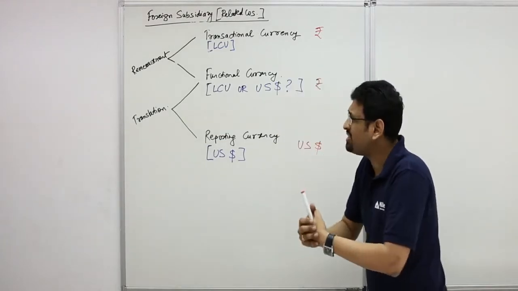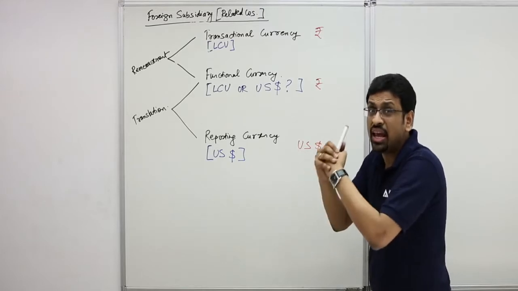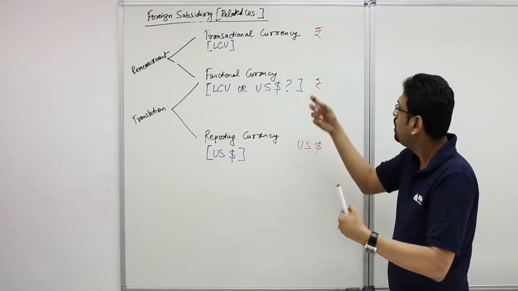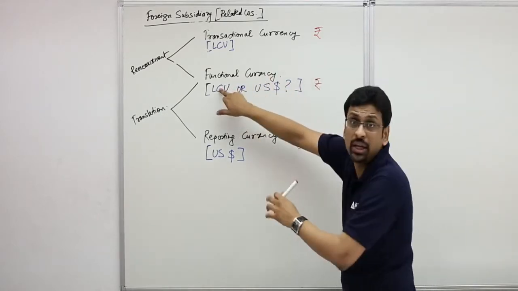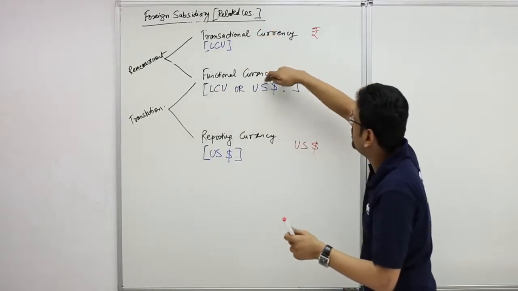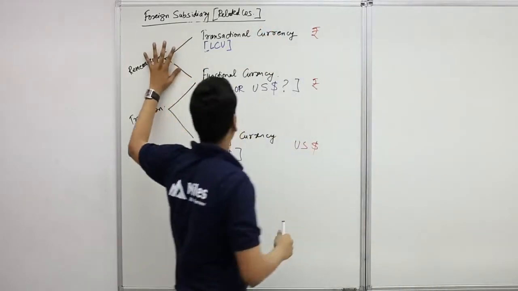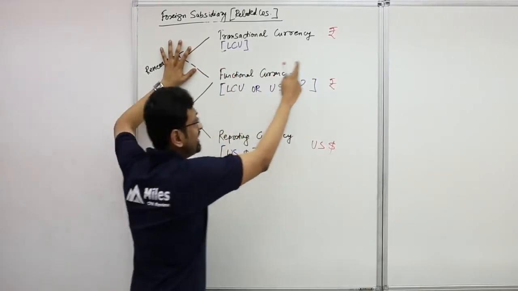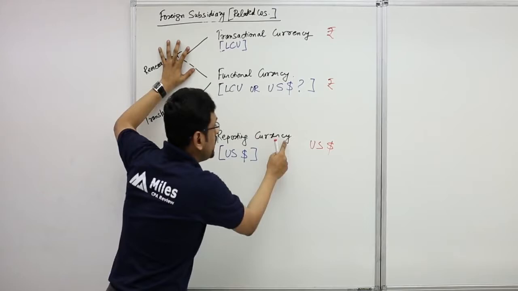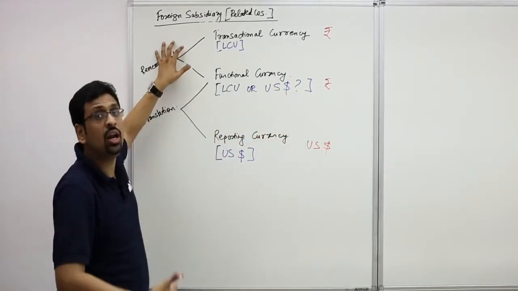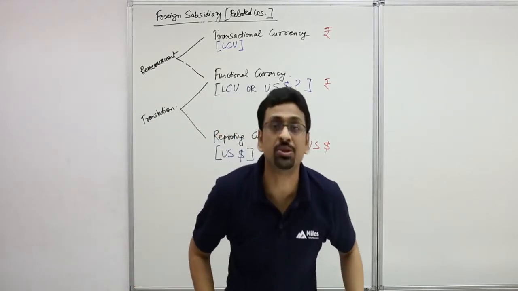So what's the currency that has the greatest economic impact on Ford's Indian subsidiary? Rupee, not dollar, rupee, local currency unit. So guys, transactional currency and functional currency are the same. So we don't need remeasurement. We would translate from functional currency, that's the Indian rupee, to the reporting currency, US dollars, when the Indian subsidiary gets consolidated with Ford Motors' US parent.